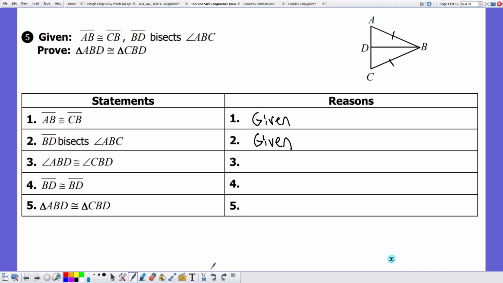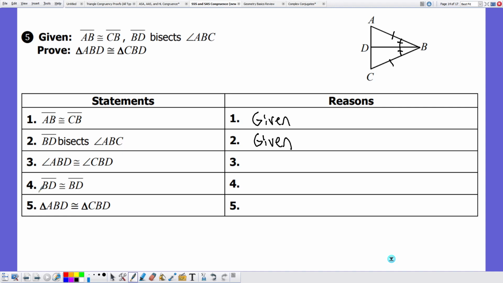So, if BD bisects the angle ABC, that being this angle right here, if DB bisects it, that means it cuts it into two pieces, here and here, in half. And that would mean that angle ABD and angle CBD are congruent, which is our third statement.